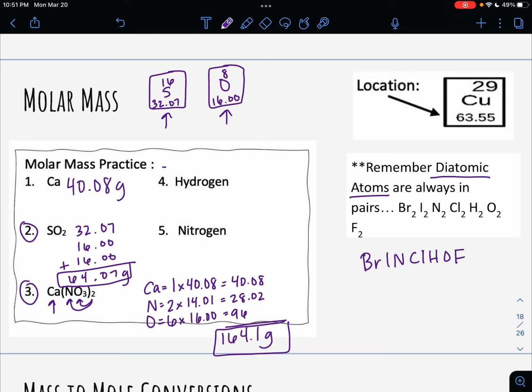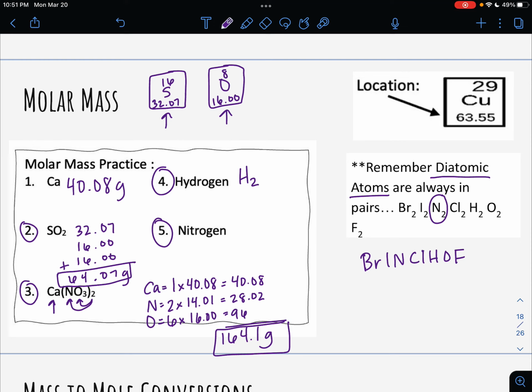So what that means is if we look at hydrogen, hydrogen will never be just by itself. If we say hydrogen and that's all we say, we're always talking about H2. So if I was to find the mass of hydrogen, then I would want to find two of them. Nitrogen is the same thing. Here's nitrogen.